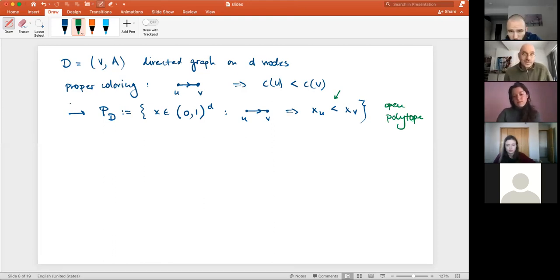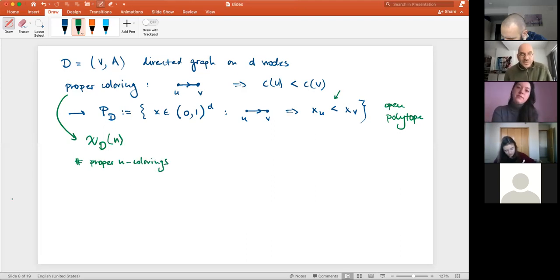So what's the connection? Let's keep green over here. If I want to compute the chromatic polynomial of this thing, that's the number of proper n-colorings. What does that mean in terms of my polytope? I claim you're counting exactly integer points.